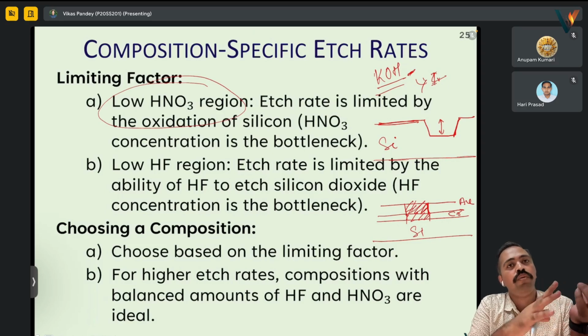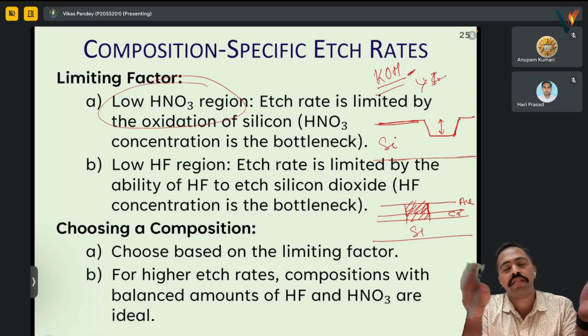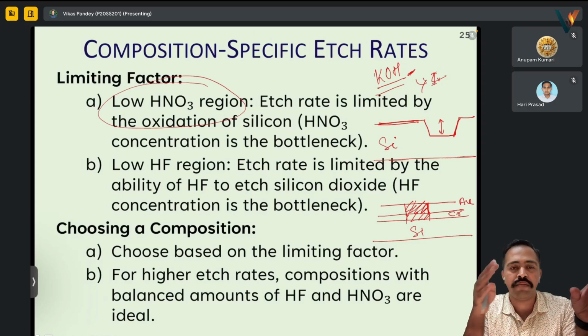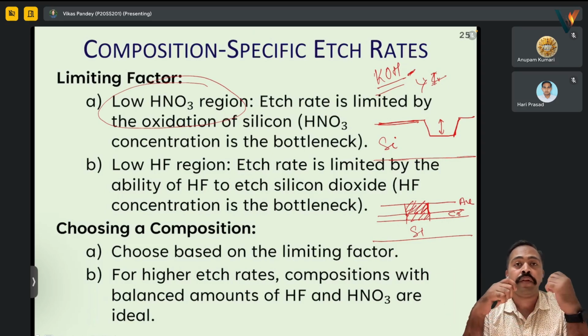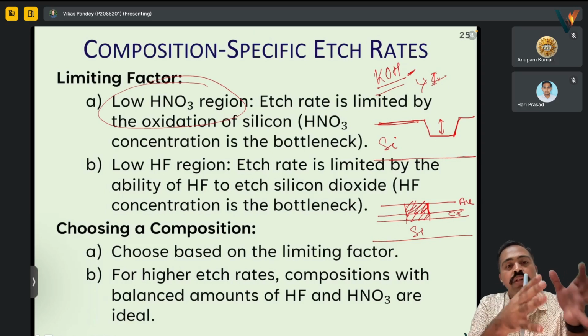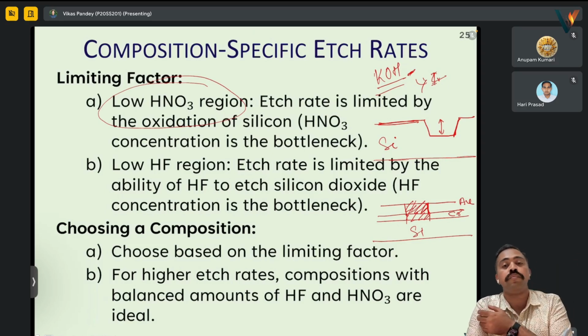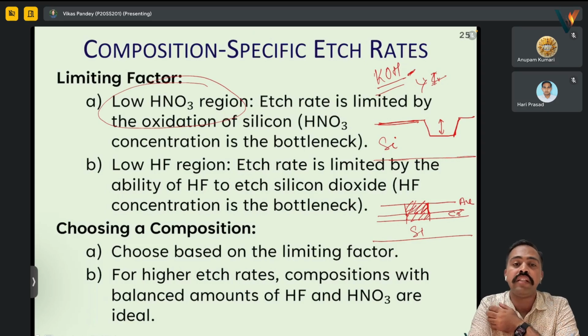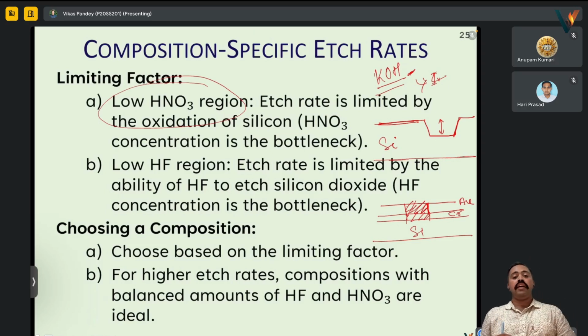We already know that if a process contains a chain of reactions, the complete rate is determined by the slowest reaction occurring. So if HNO3 is less, the whole process is limited by the rate of oxidation of silicon, and HNO3 is the controlling factor or the bottleneck.